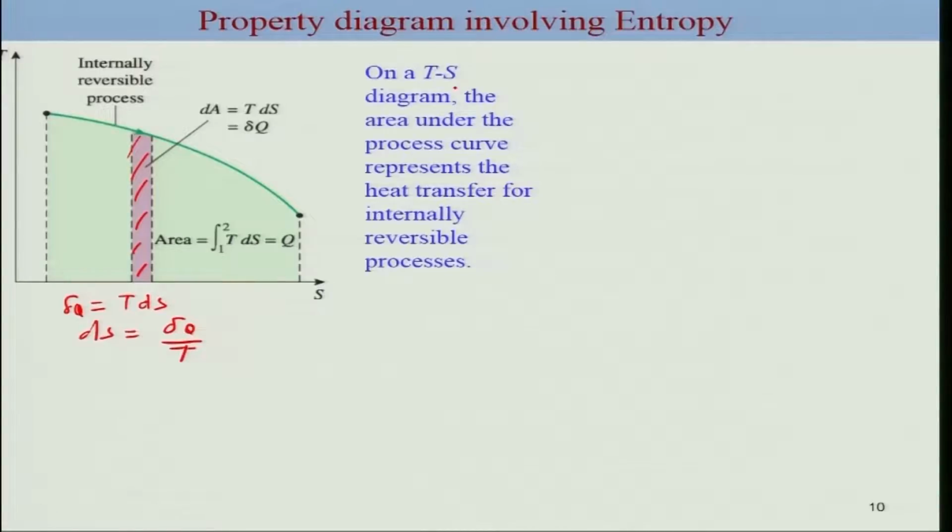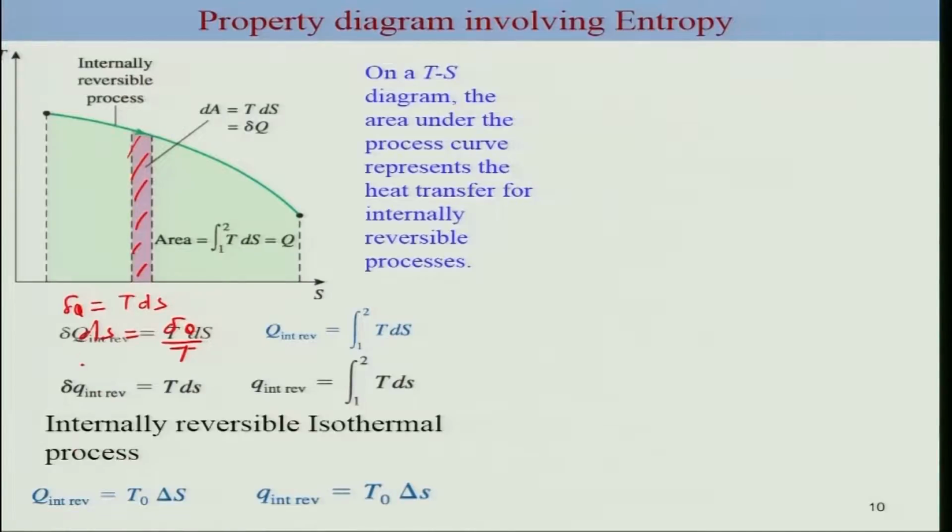So on a TS diagram, the area under the process curve represents the heat transfer for internally reversible processes. So del Q internally reversible is TdS, or Q internally reversible would be simply the integral of this. You can write this expression in terms of per unit mass.